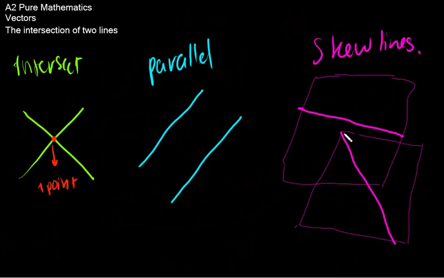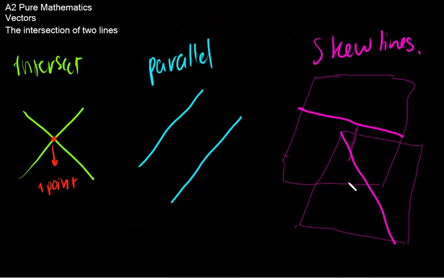Because these two planes don't intersect, these two lines cannot touch. So this is the distance between the two lines. This line is in the above plane, and this line in the below plane.